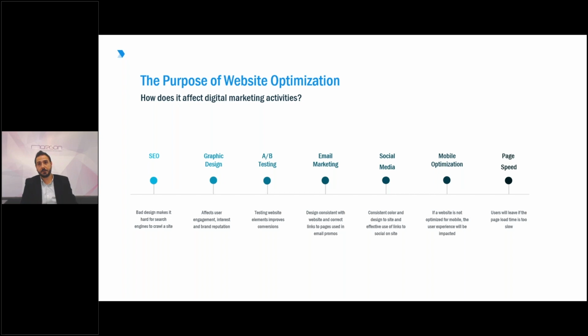In that year in particular, I think it was around 73 to 75% of searches took place on mobile. The problem is there were a lot of websites that were not fully optimized for mobile, and users were ending up having a bad user experience all in all.